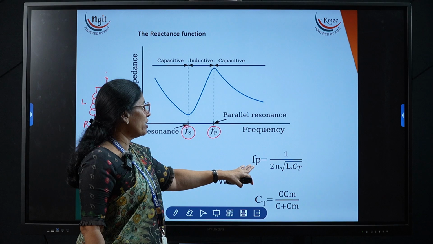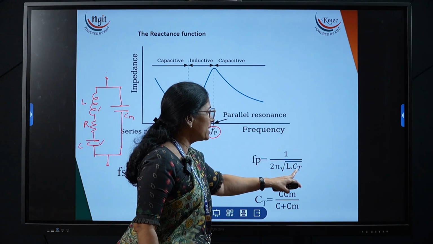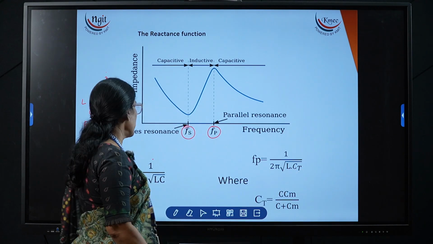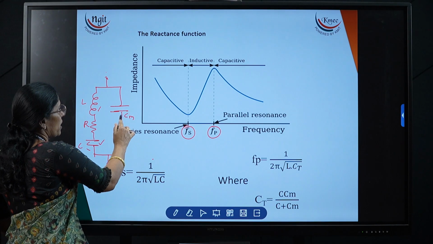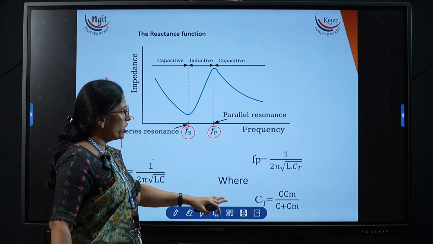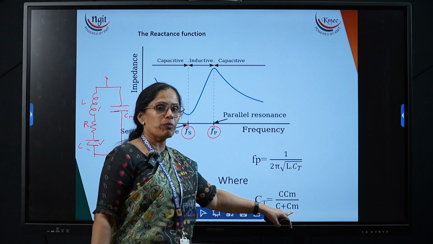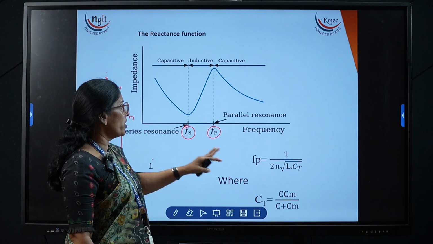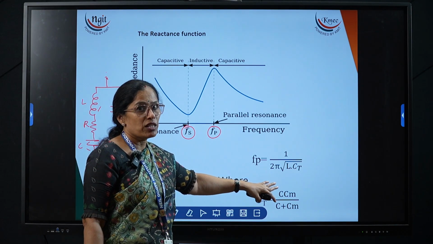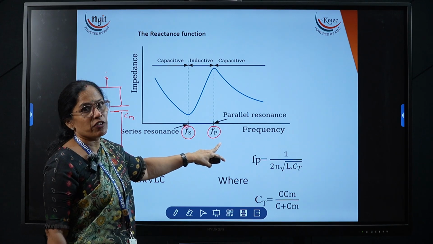Coming to the parallel resonance frequency, it is also 1 divided by 2 pi root L CT, where CT is the series combination of the two capacitors C and Cm. CT is equal to C into Cm divided by C plus Cm. With this equivalent capacitance, we get the parallel resonance frequency. Always the series resonance frequency is less than the parallel resonance frequency.